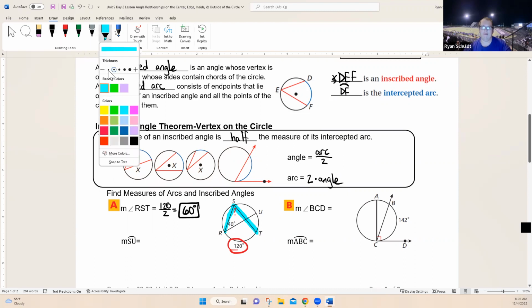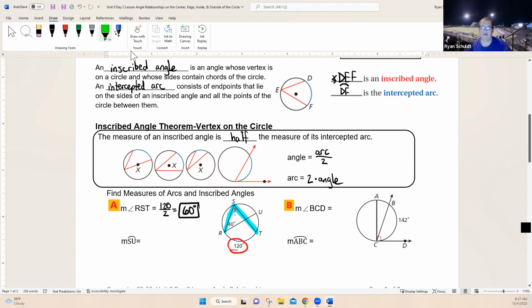Now they ask us about the measure of arc SU. Let's see. I need to go big. All I have is the small. I have 40 degrees down there.